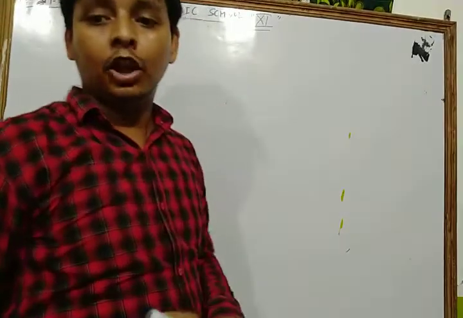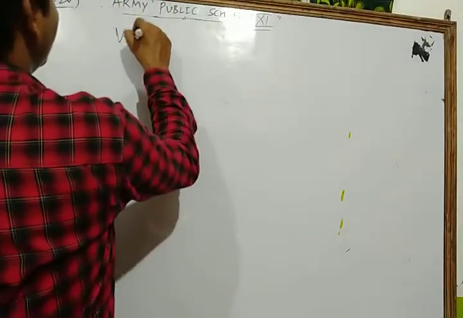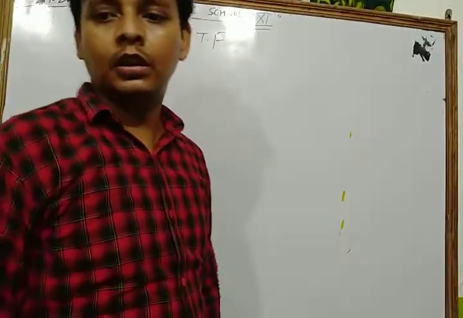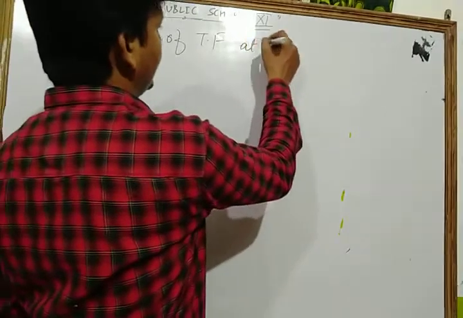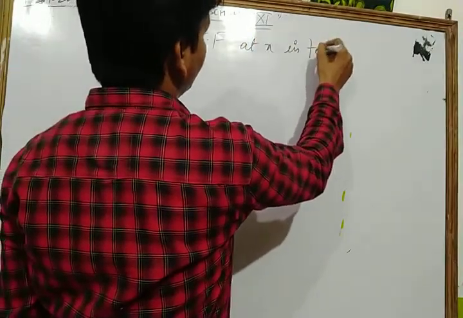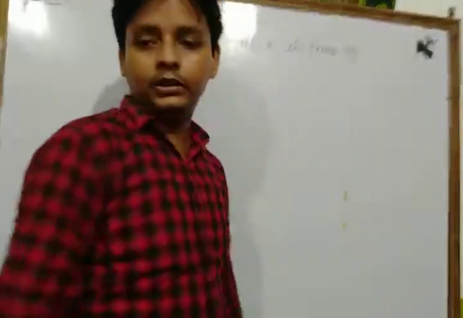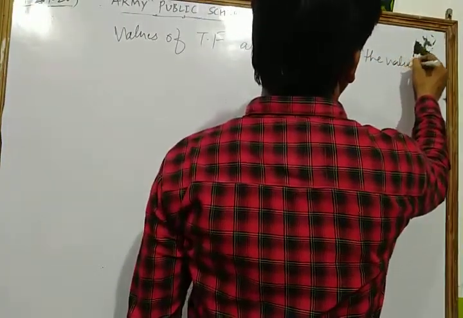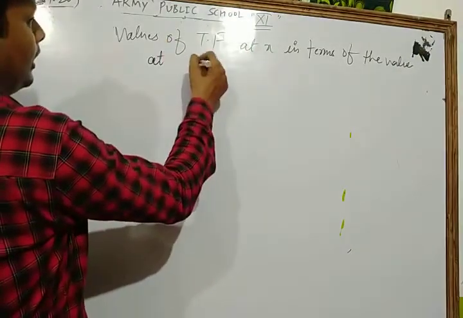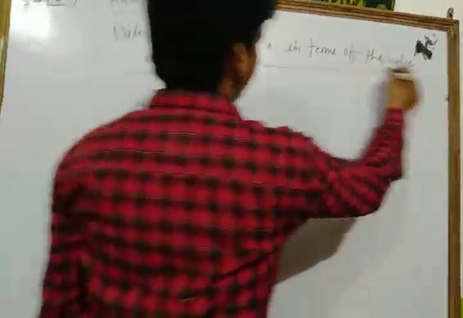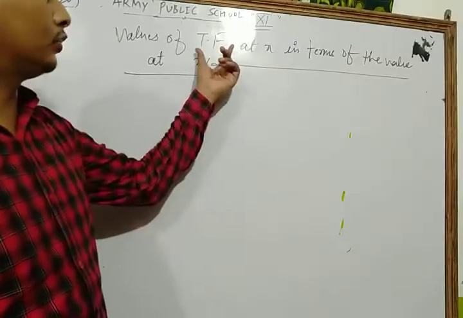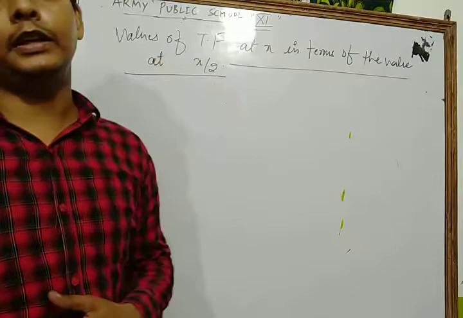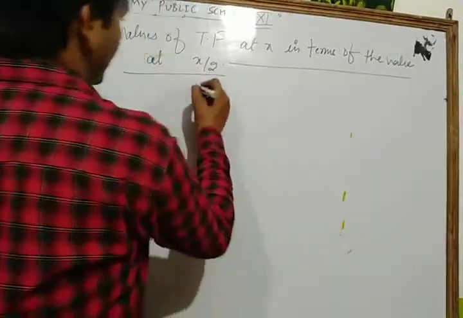Now we discuss the values of trigonometric functions at x in terms of the values at x by 2. Okay, now we discuss the trigonometric functions at x in terms of the values at x by 2. Okay, let's see.